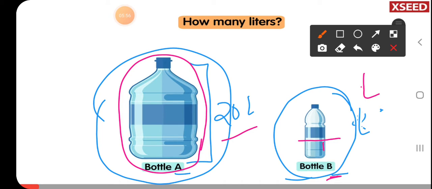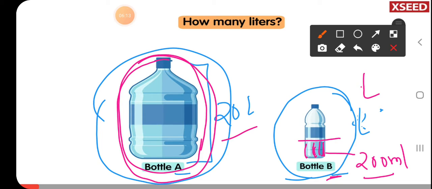That means the space occupied by this water is less. This is around 200 ml. So now the volume of the water here is 200 ml. So understand the capacity and volume differences. Capacity means the maximum holding capacity of the container, the maximum amount it can fill in its body. And the space that is occupied by anything in a container, it's called your volume.